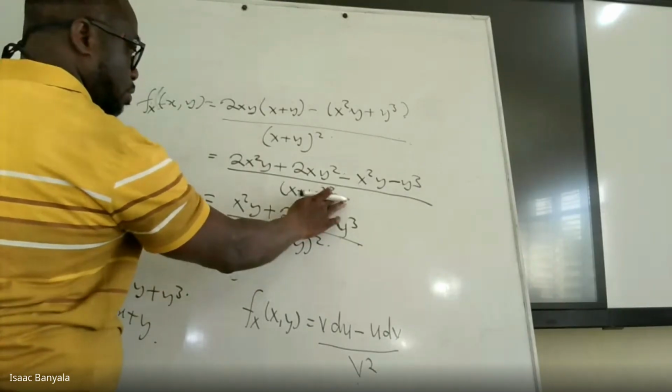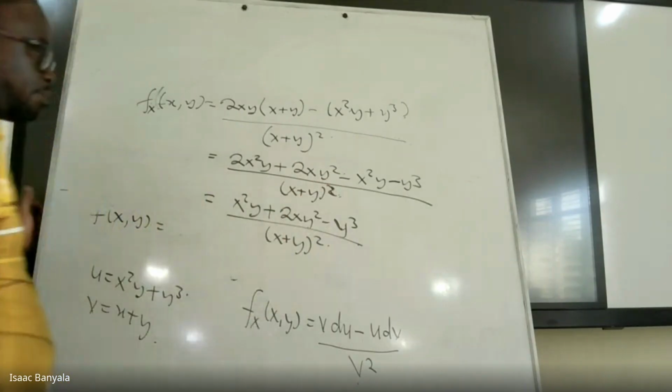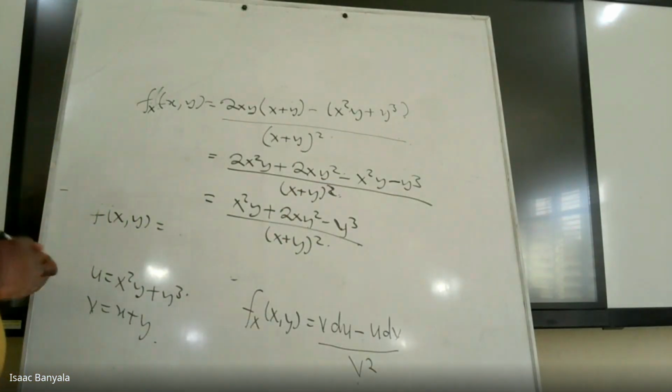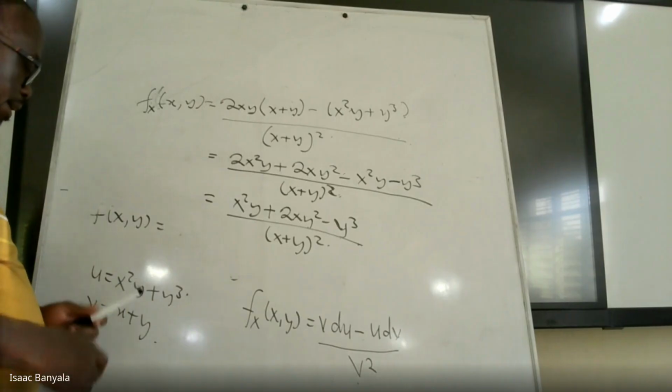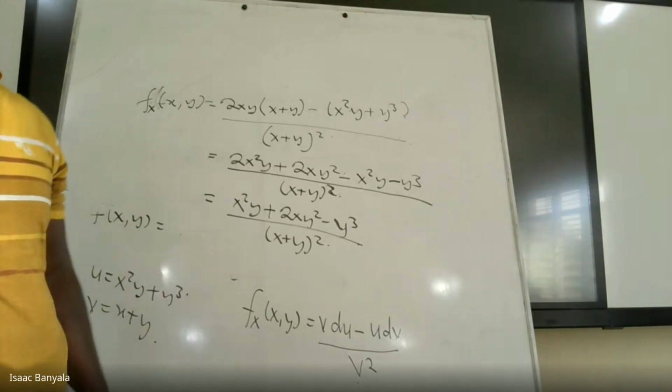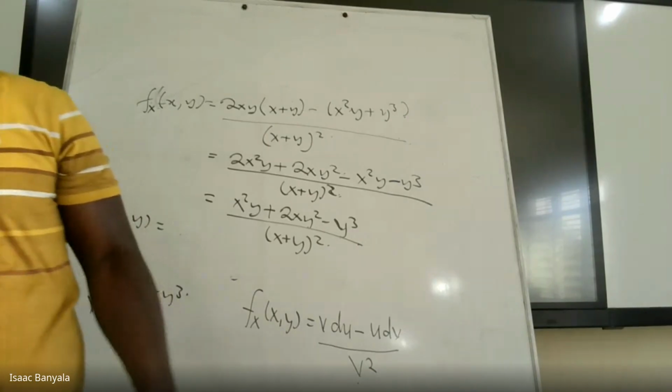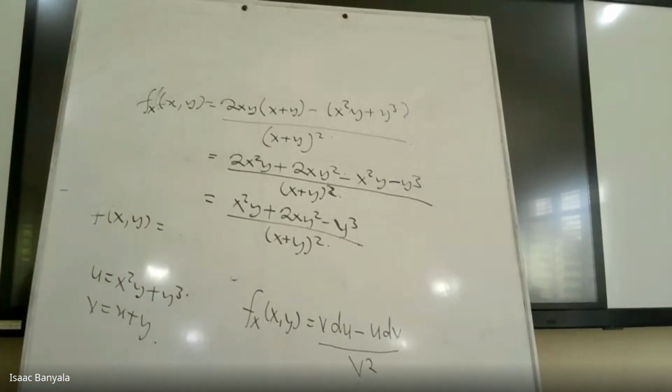Yes, x plus y all squared. So leave it, that is fine. But that will be your answer. So I want you to find this with respect to y. I'm finding that with respect to y. Please hurry up and give me the answer.